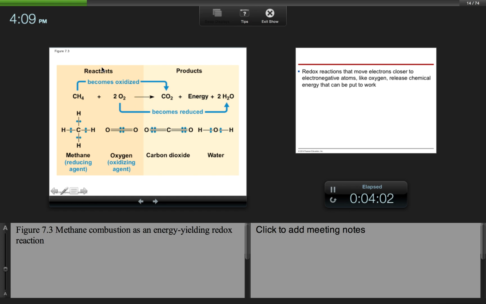That's why we say that CH4 or methane has become oxidized, because we go from an equal sharing to an unequal sharing of electrons. And then oxygen will become reduced because look how much closer the electrons are to that oxygen.